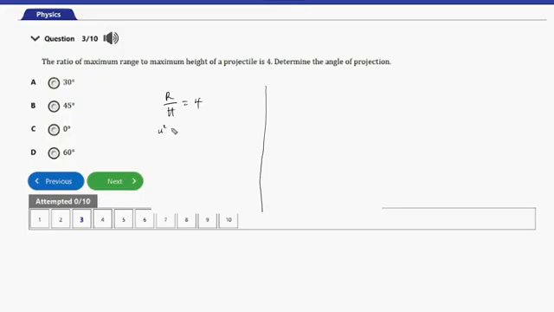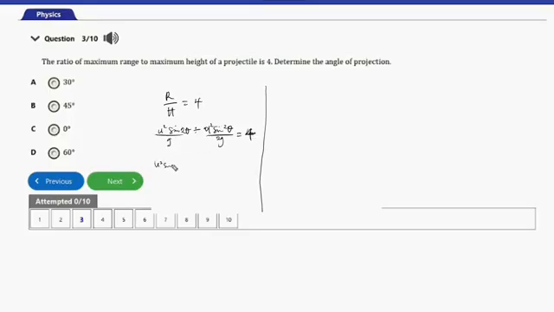So in this case, maximum range is u squared sine 2 theta over g, whereas the maximum height is u squared sine squared theta over 2g. So in that case, we have u squared sine 2 theta over g divided by u squared sine squared theta over 2g, and this is equal to 4.